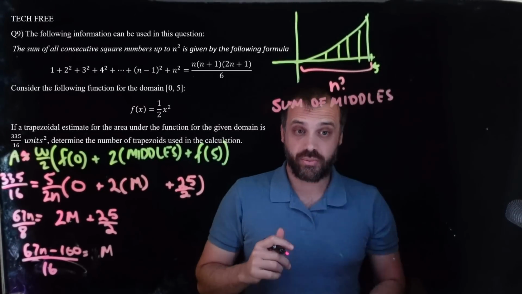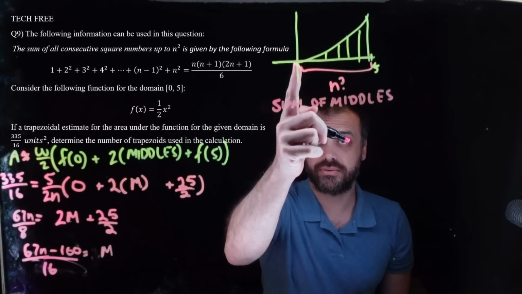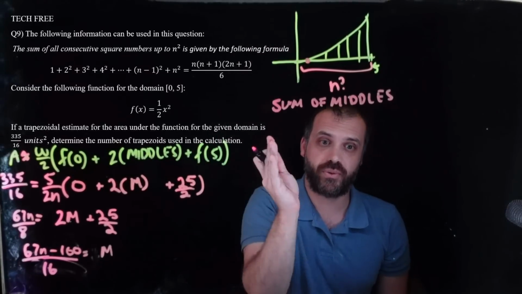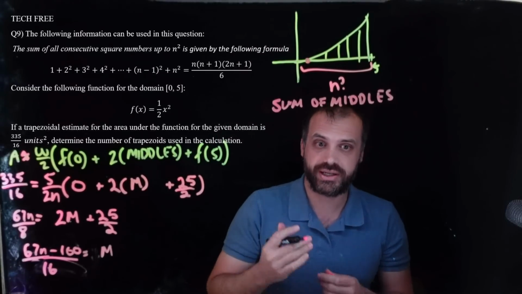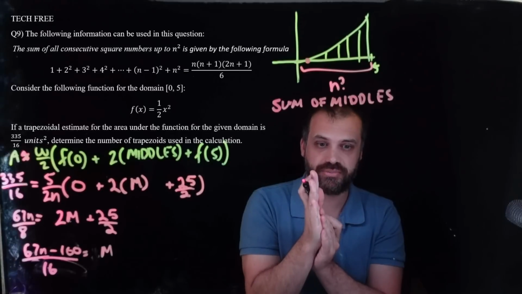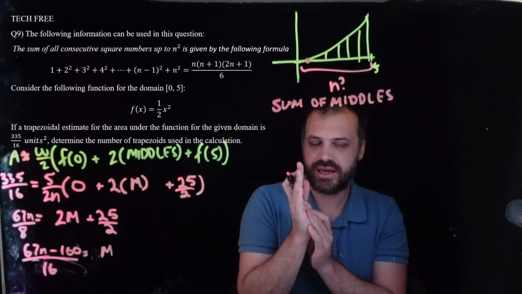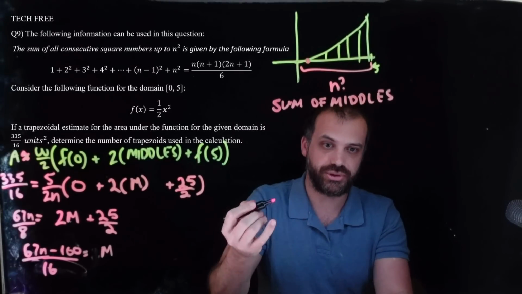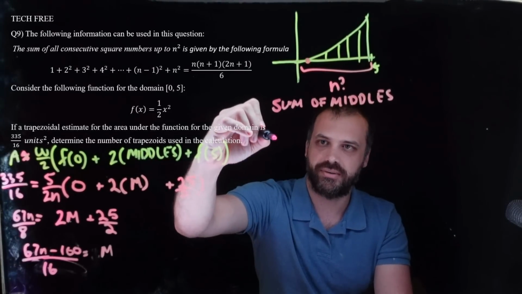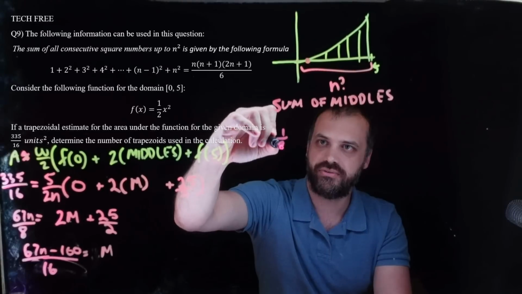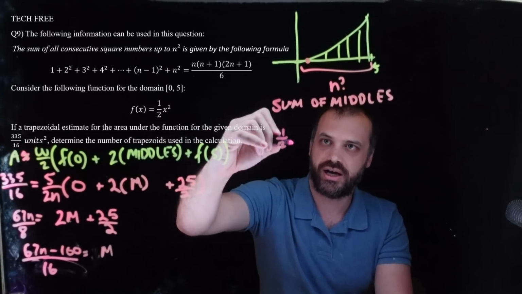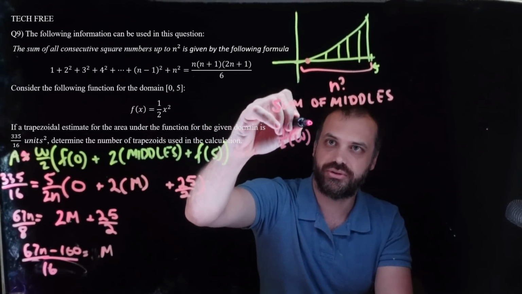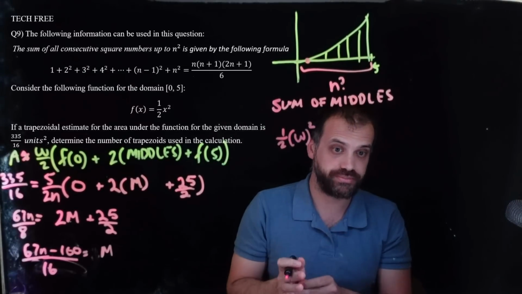All right, so what I need to do is, here's my first strip, however wide it is, I don't know, right? But I need to sub in the x value of my first strip. Now, the x value of my first strip is just going to be w. So half, because that's my function, half w squared. That's my first strip.